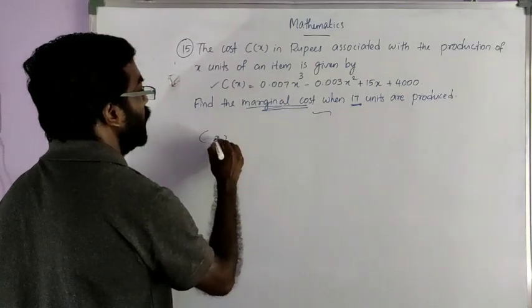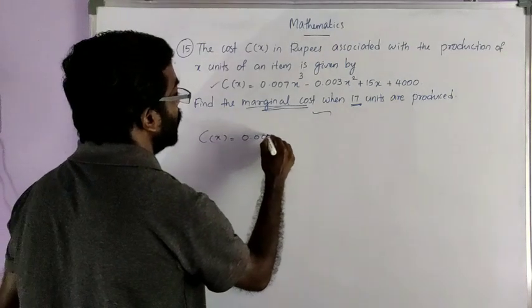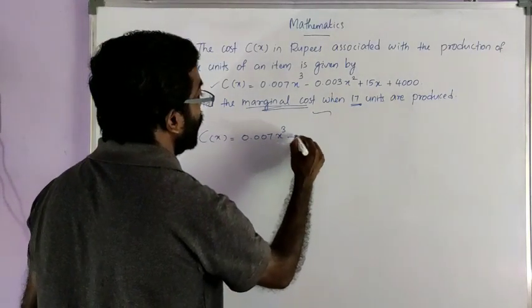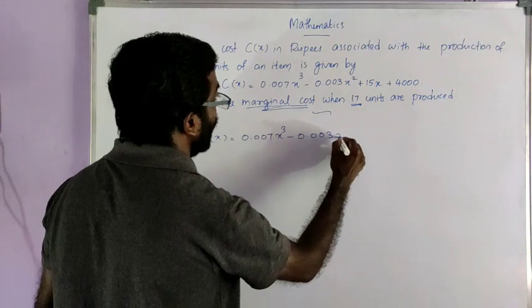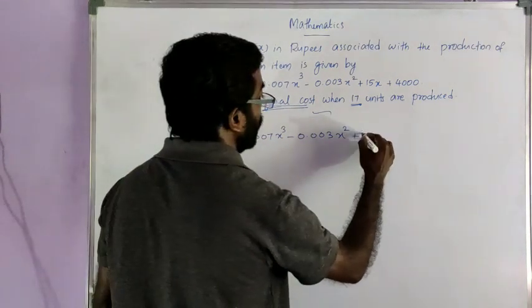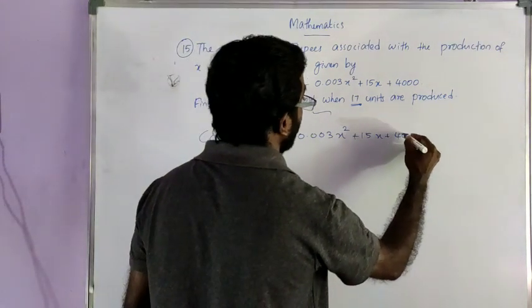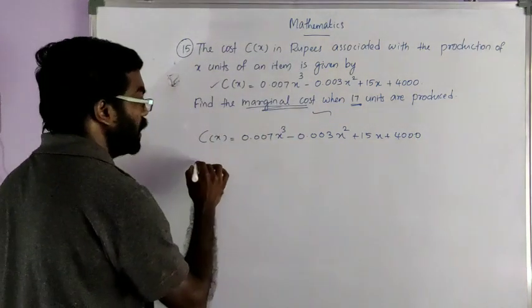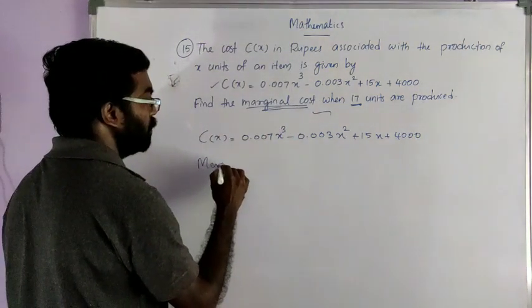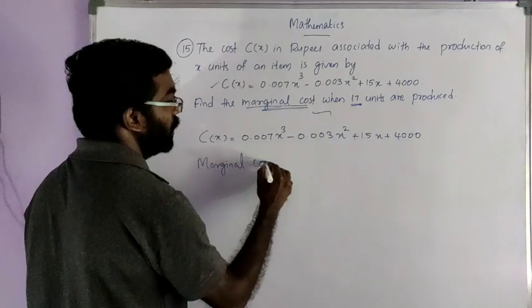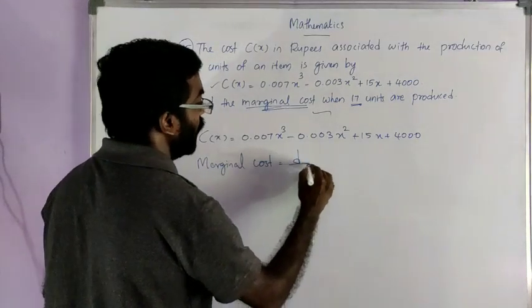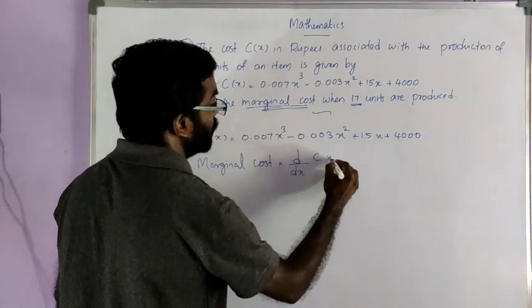So we can write given C of x equal to 0.007 x cube minus 0.003 x square, then plus 15x, then plus 4000. And marginal cost is equal to d by dx of C of x.